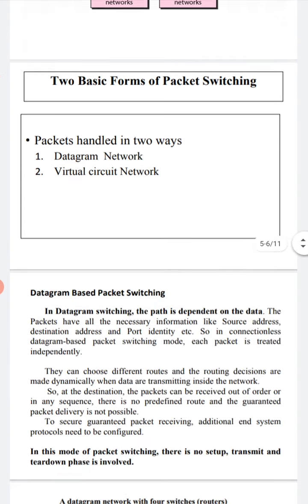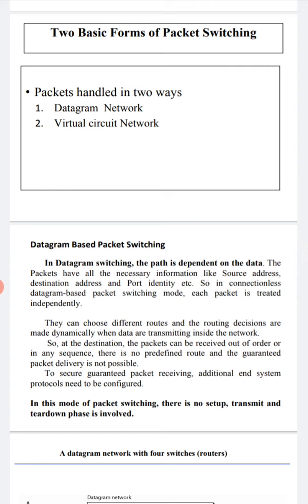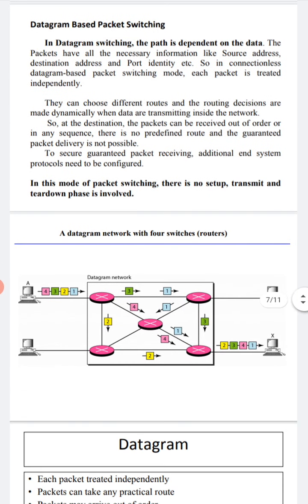There are two basic forms of packet switching: the datagram network and the virtual circuit network. First, datagram based packet switching. In datagram switching, the path is dependent on the data. The packets have all the necessary information, like source address, destination address, and port identity.